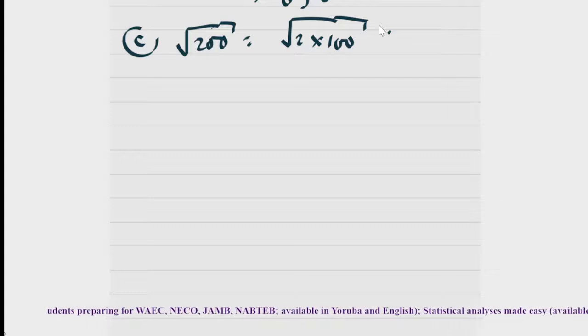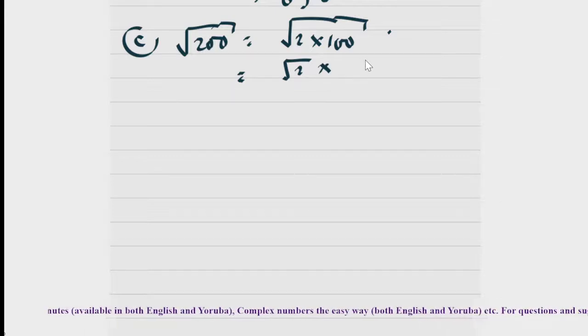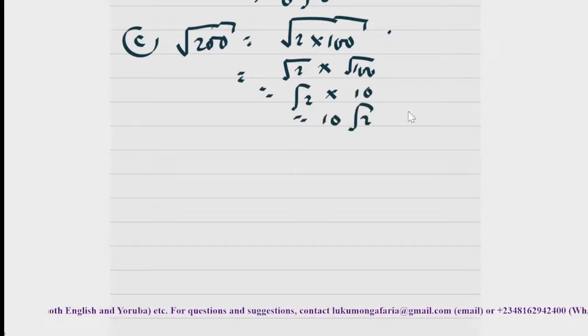You understand that? Now if you split this, I'm going to have root 2, or you can even use 25 times 8. But this one is simpler: root 2 multiplied by root 100. So that's root 2 multiplied by root 100, which is 10, right? So that will give me 10 root 2.